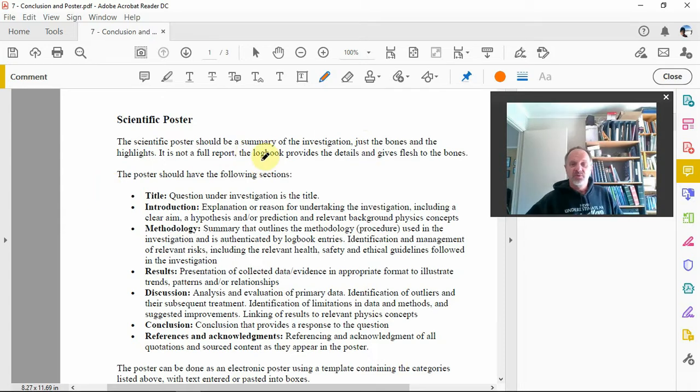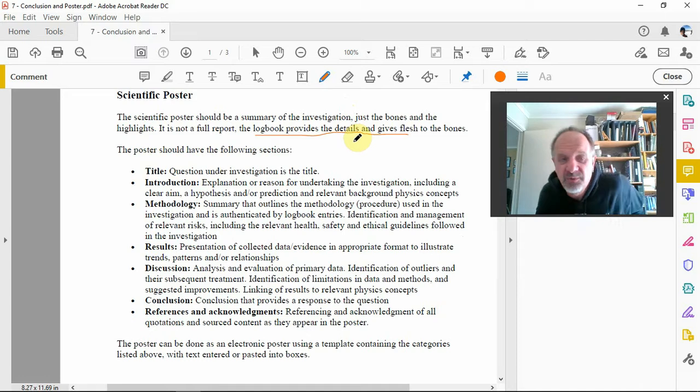Your logbook that you've been keeping gives you all the details, your big long discussion and everything, that's all in the logbook. And so on the poster, we're just going to summarize that. In VCAA, the poster is 1,000 words all up, so very much a summary, except in 2020 with COVID, when it's 600 words all up.